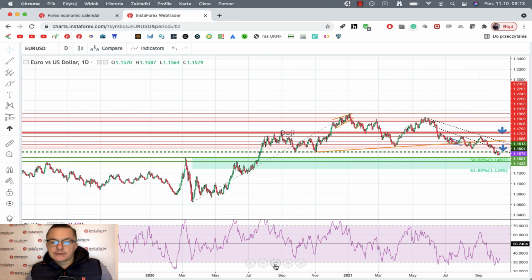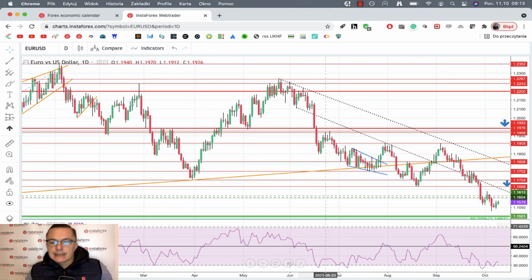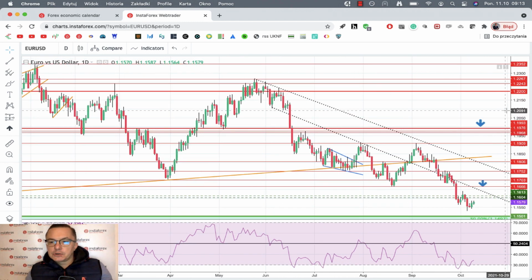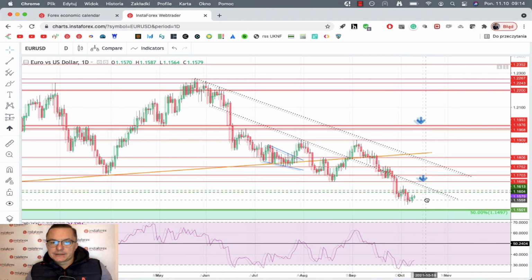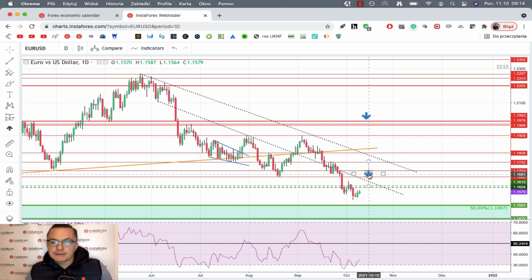So all of the euro dollar traders, keep an eye on this level, basically 1.15. As long as we trade above this level, there is a chance for a bounce. Of course, the level of 1.1666 will be the key short-term technical resistance for bulls.